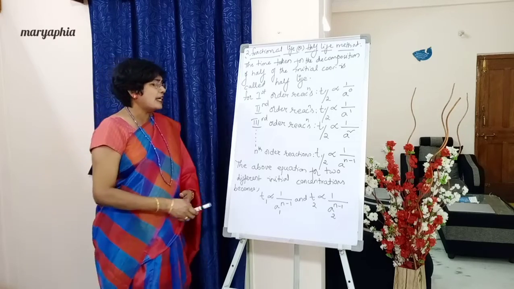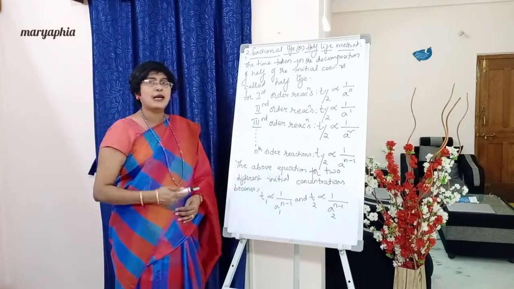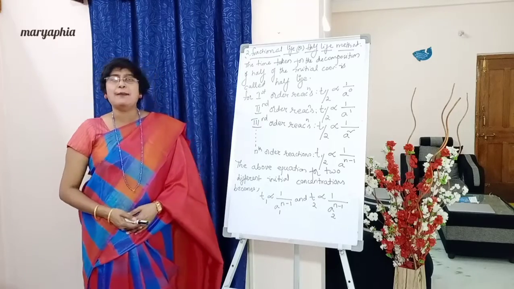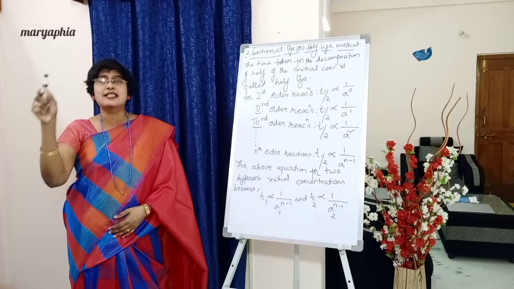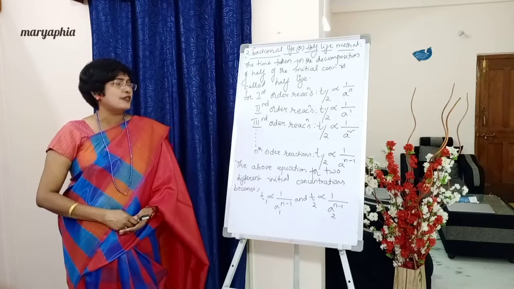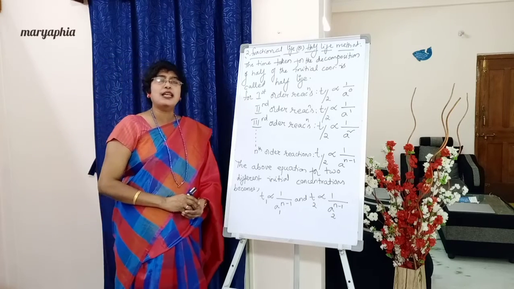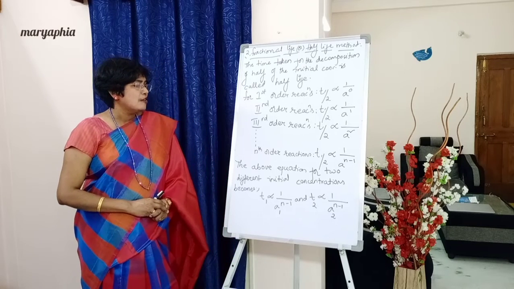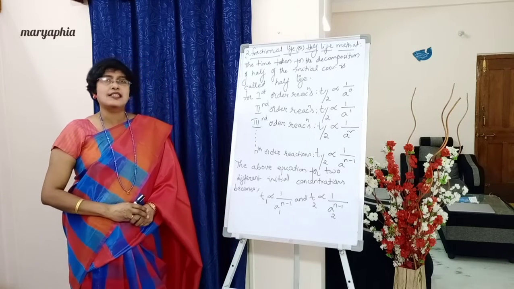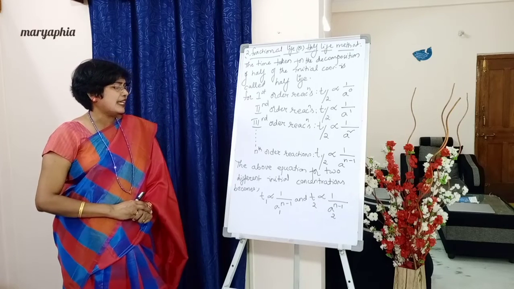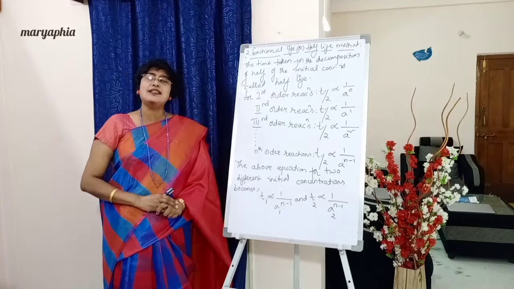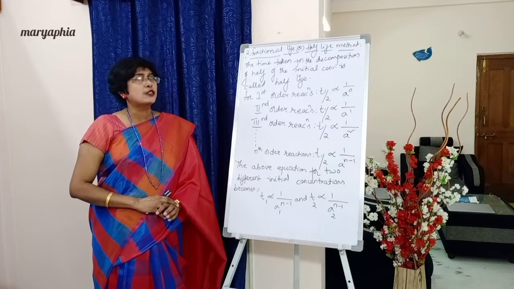Now, below write down the above equation. The above equation means what? T half proportional to 1 by a power n minus 1. For your convenience, put it in a box, students. Now, this equation can be taken for two different initial concentrations. Initial concentration is denoted by which letter? Small letter a.